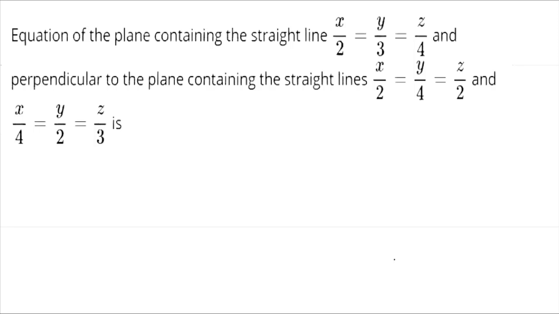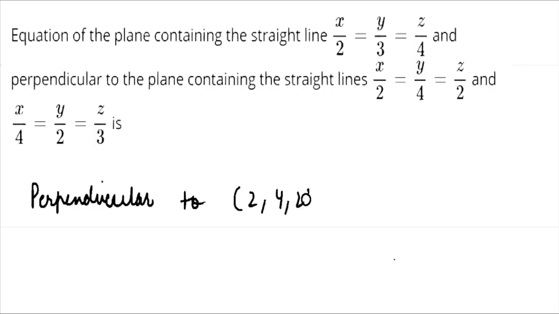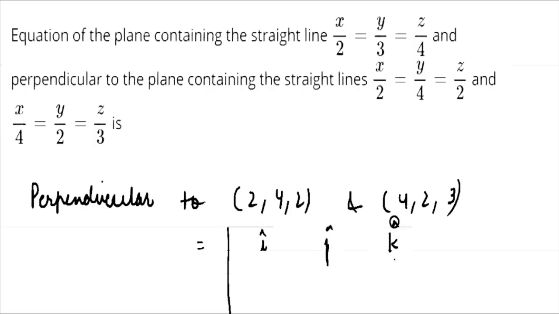So let us find the vector which is perpendicular to these given straight lines, that is 2, 4, 2 and 4, 2, 3. I'll write i cap, j cap, k cap, and below that 2, 4, 2 and 4, 2, 3.